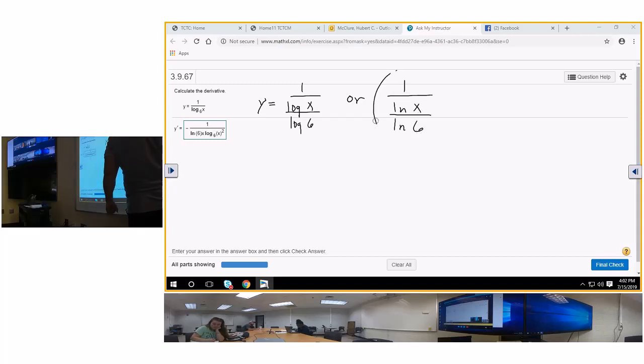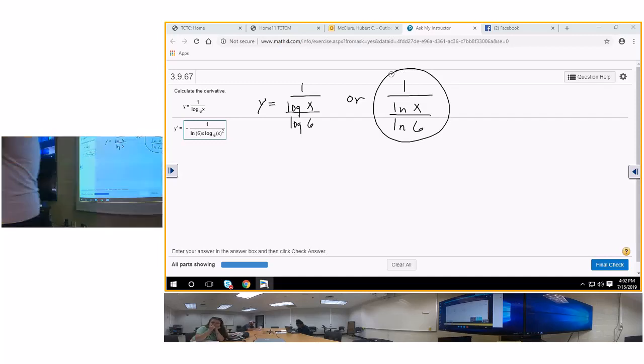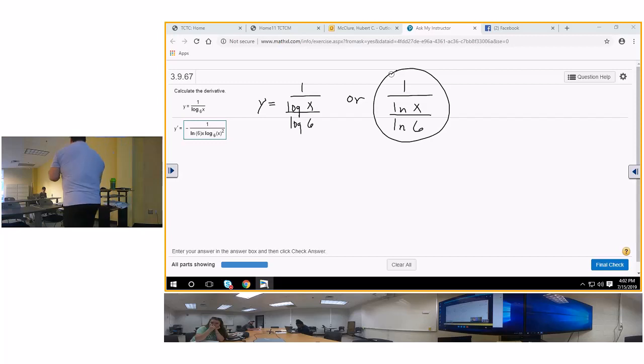This is the one, and I'm going to go ahead and tell you this. Remember me telling you a long time ago that when you're in diffy-q, you're going to be using natural log predominantly over log? Always go with the natural log when you're in calculus, okay?